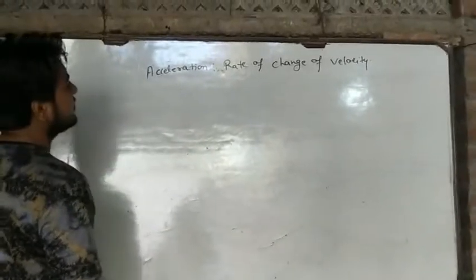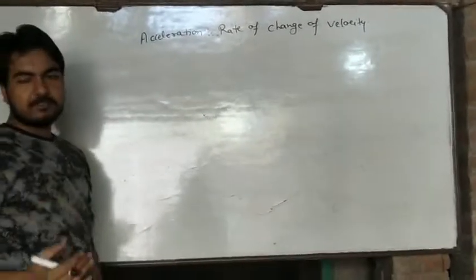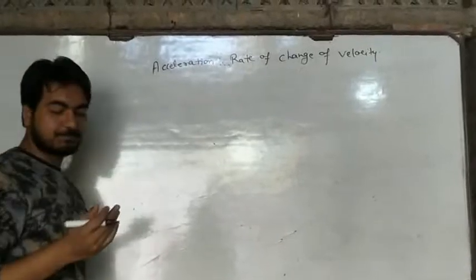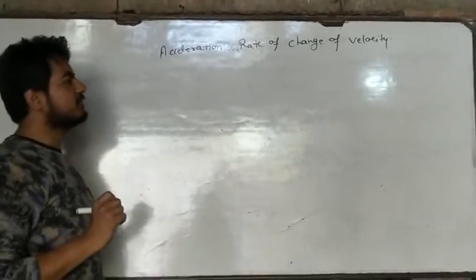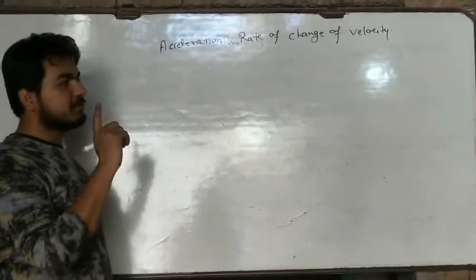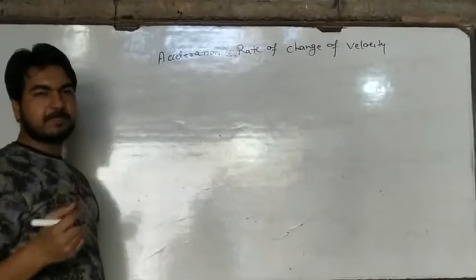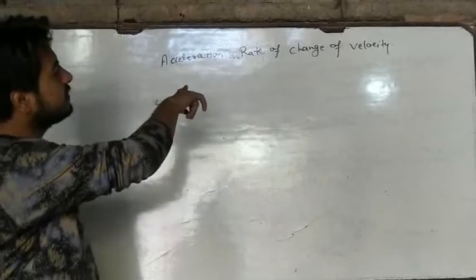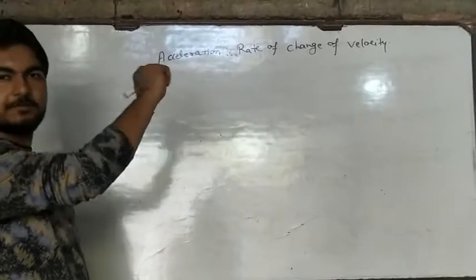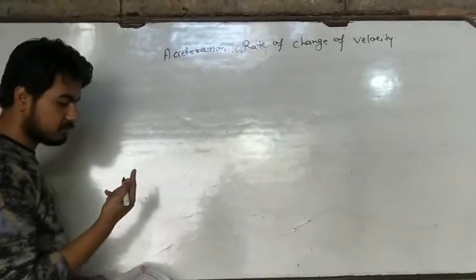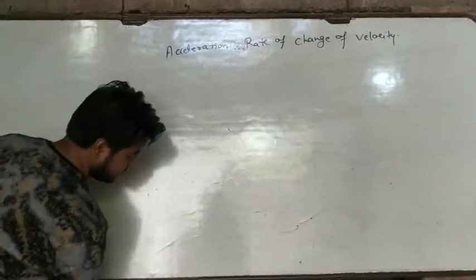So what is acceleration? Previously we talked about speed and velocity. So what is speed? The rate of change of distance with respect to time, and here change of velocity with respect to time. This is called acceleration.